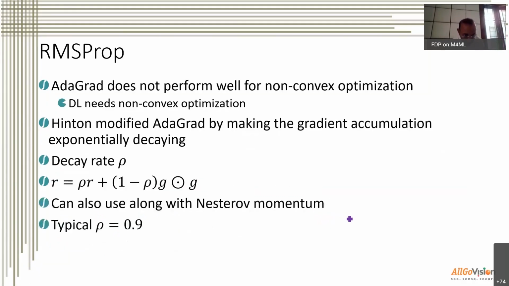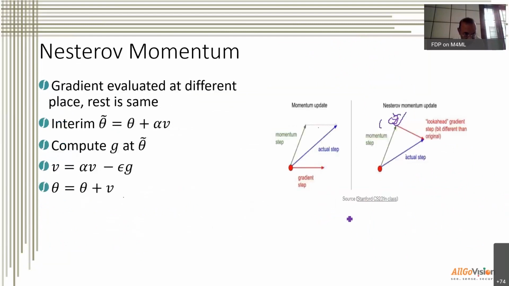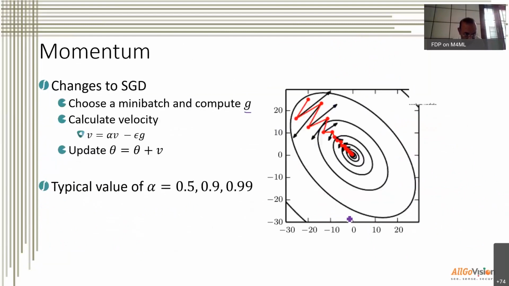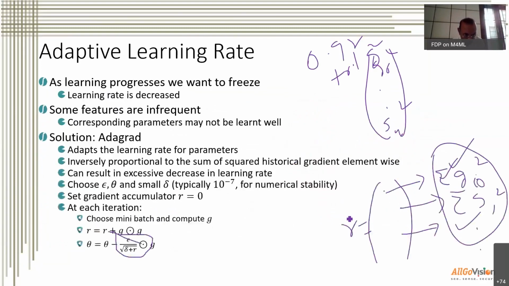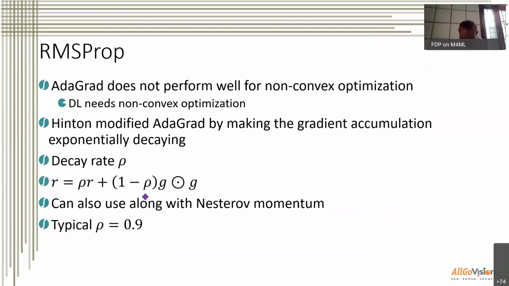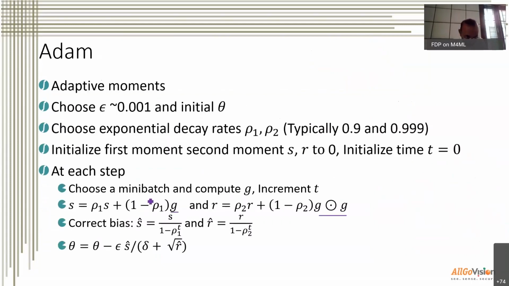Earlier we were doing momentum only on G. Here, it also does it on the pointwise square of G. So it maintains two terms.